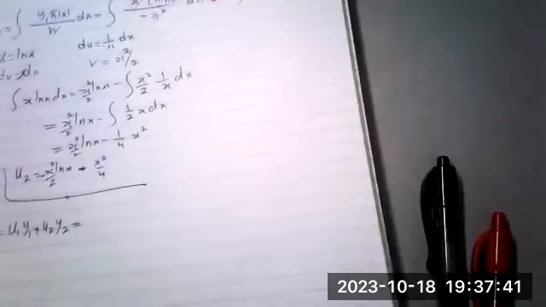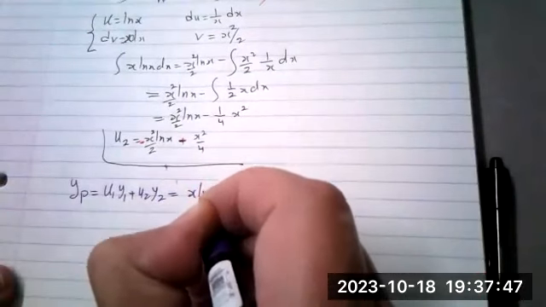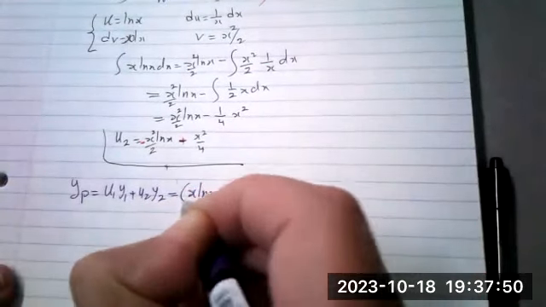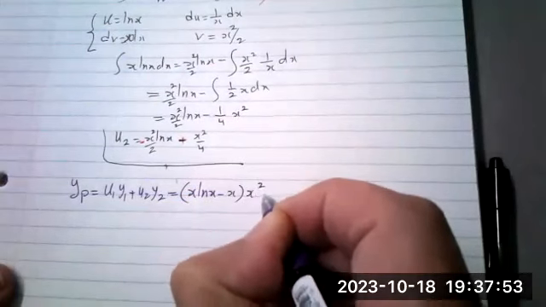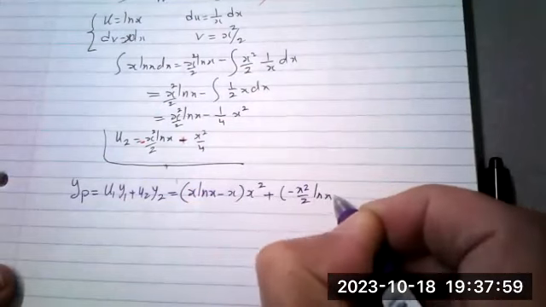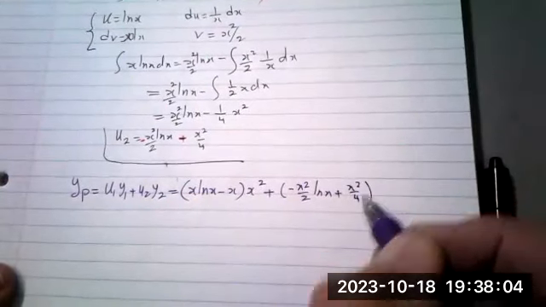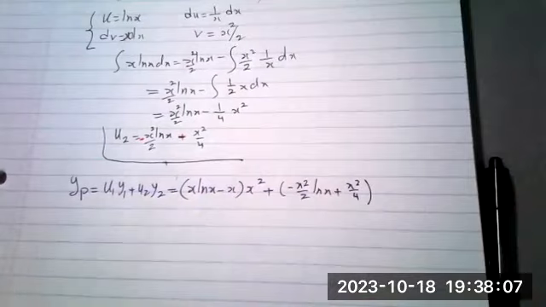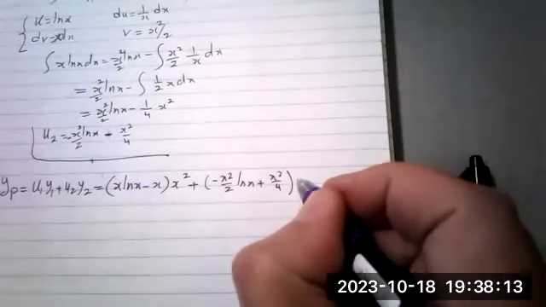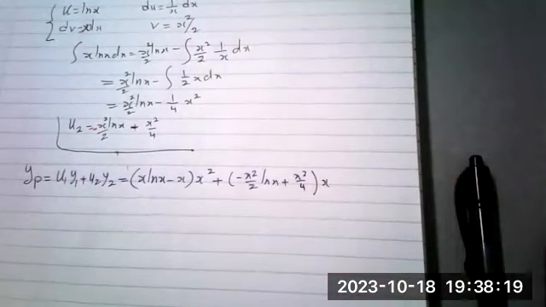It's x ln x minus x, times the y1, which is x squared, plus u2, which is this one, negative x squared over 2 ln x plus x squared over 4, multiplied by y2. What is the y2? y2 is x. Even if you multiply it, there is probably a simplification only over here.